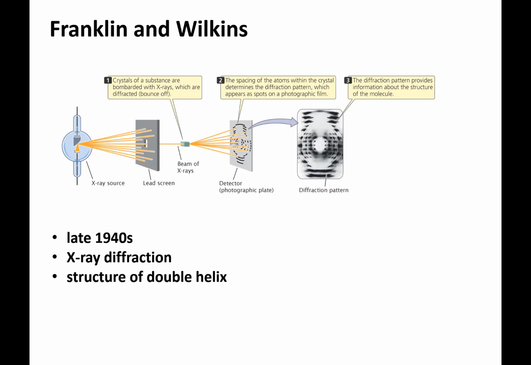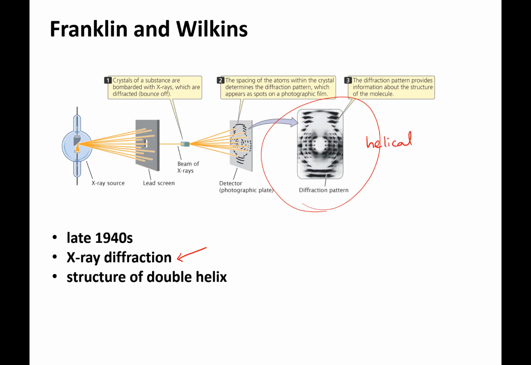Also happening at the same time was Franklin and Wilkins, who were looking at the structure of DNA. So they used a technique called X-ray diffraction. It makes an image, and they could determine from this that DNA was in a helical form.